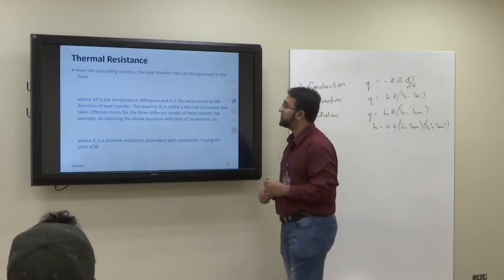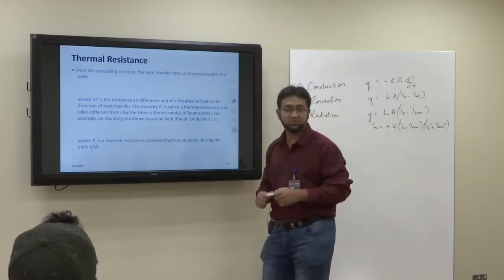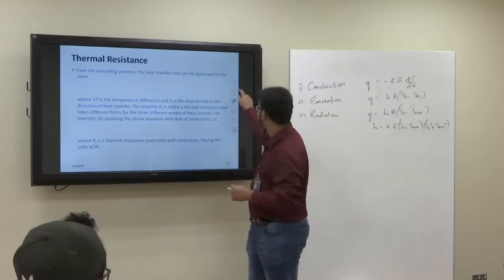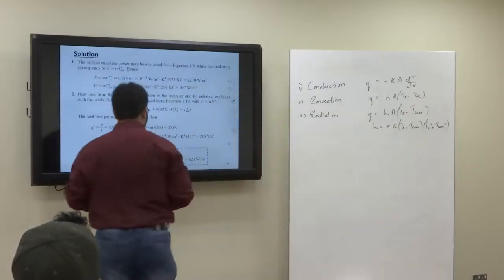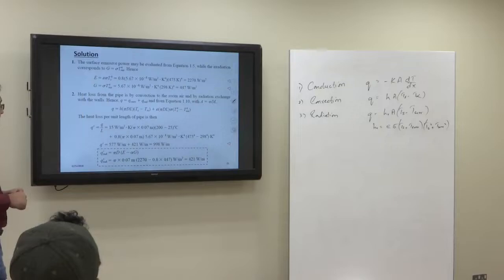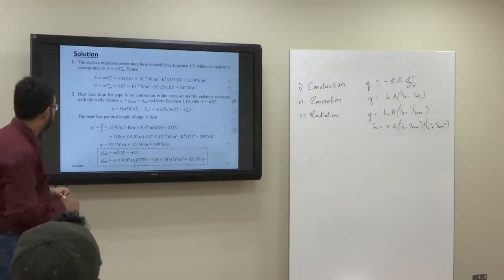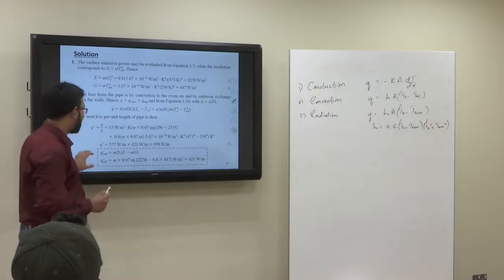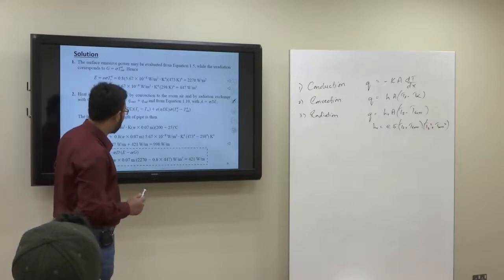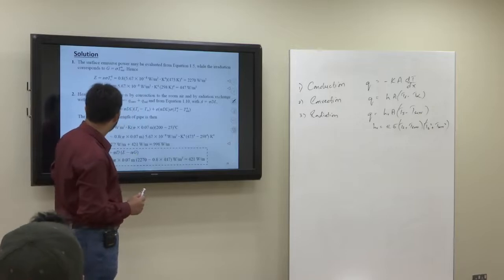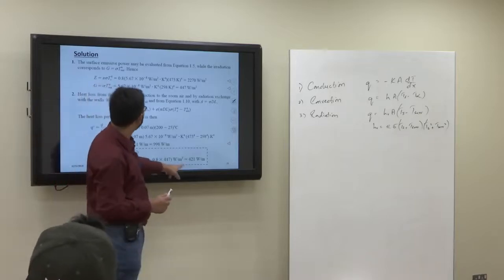Now let's move on with thermal resistance. The last one, to find the radiation Q. How to find it? By this law, by the emissivity. It was found in two ways.